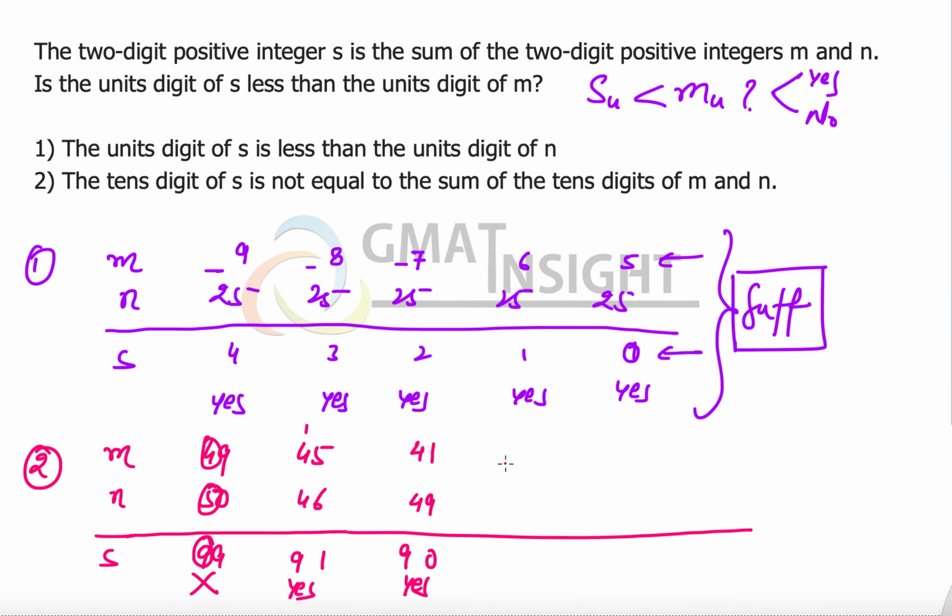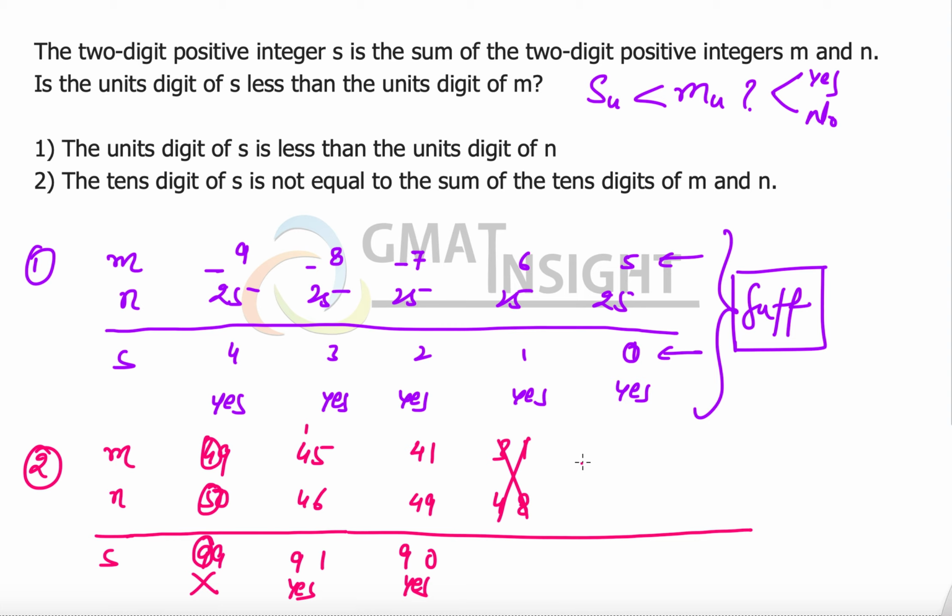What happens in those cases is that when we are adding the unit digits of these two numbers, for instance, if we are taking, let's say, 31 here and 48 here, then that's not possible, because in that case the unit digits are not summing up to greater than 9, and we have to ensure that the unit digits are adding up to greater than 9. Not an acceptable case, because if that doesn't happen, then the sum of the tens digit of m and n will be the tens digit of s.